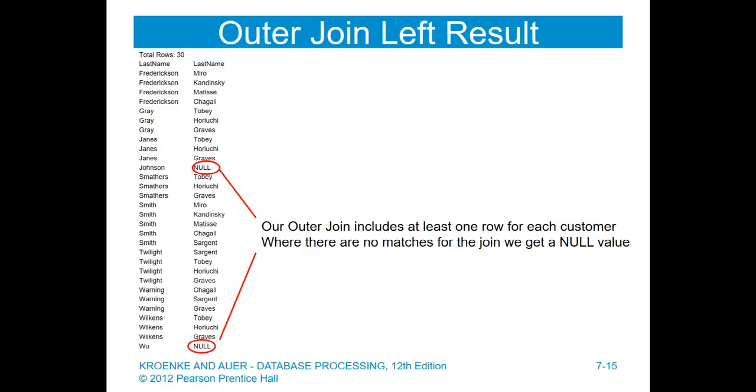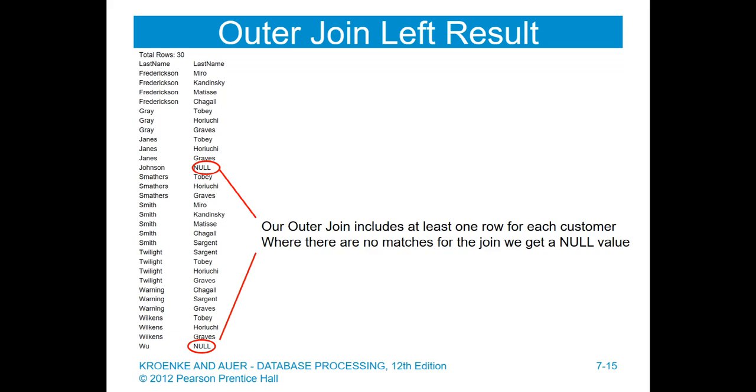We get 30 rows, not 28 rows. And as you look down, there it is, Johnson. Johnson is now in the table, and they have a null for the artist that they like, okay? So when we joined to that intersection table, we didn't find anything. And then when we joined all the way through the artist, there wasn't anything there either.